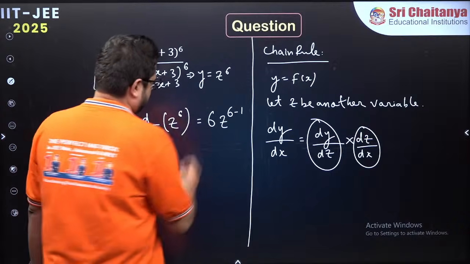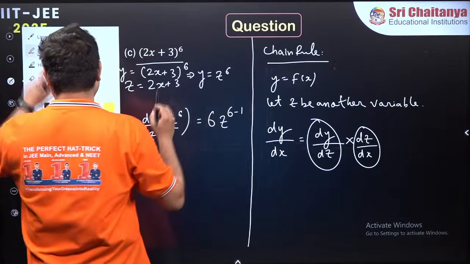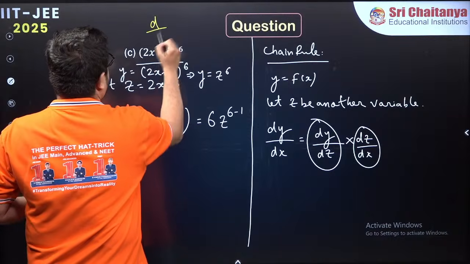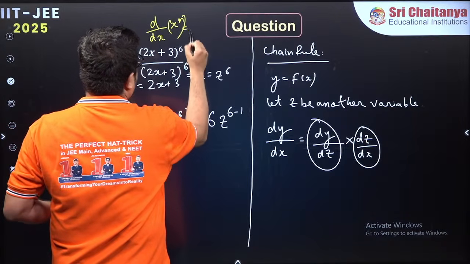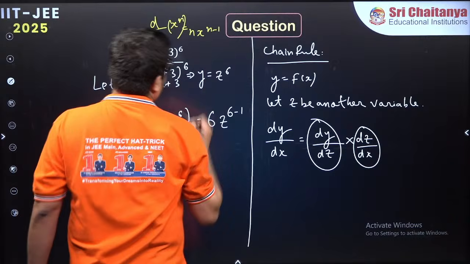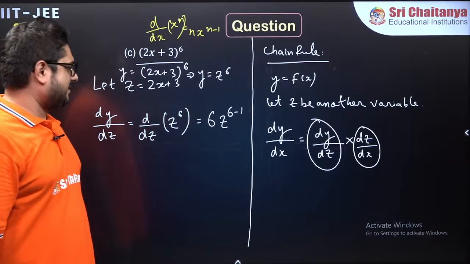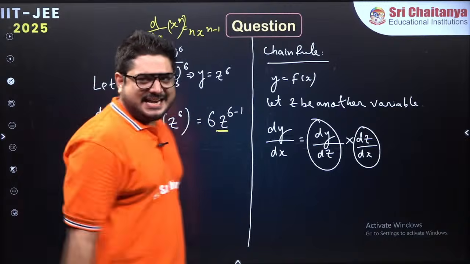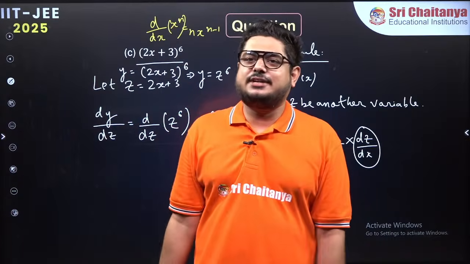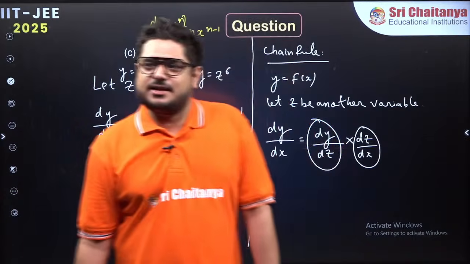Isn't it? Once again, let's try to recall it. You people are learning it, isn't it? It's going to be equivalent to n x to the power of n minus 1. Isn't it? That's what I used over here. So I will be getting 6 into z to the power of 6 minus 1.